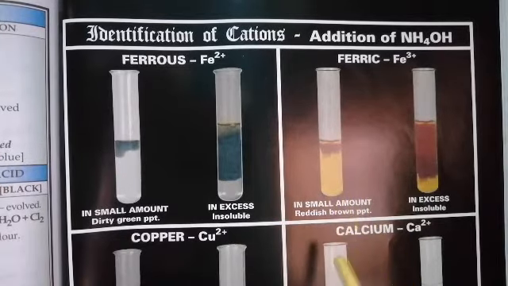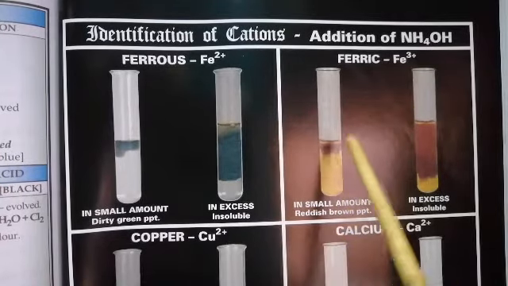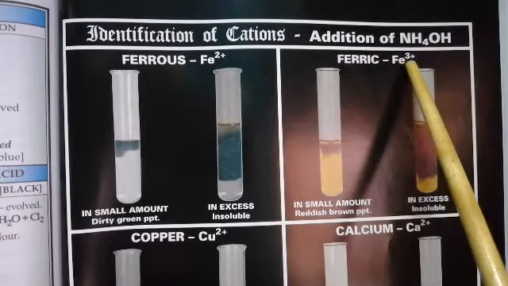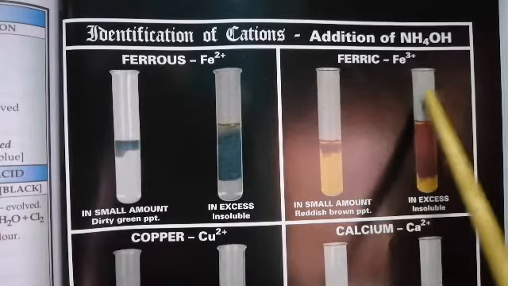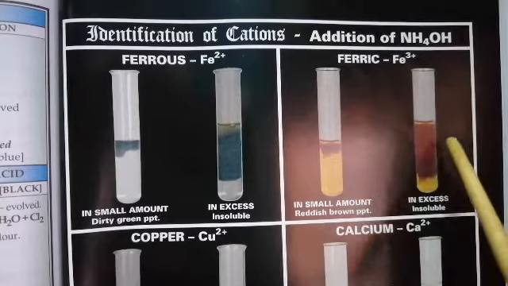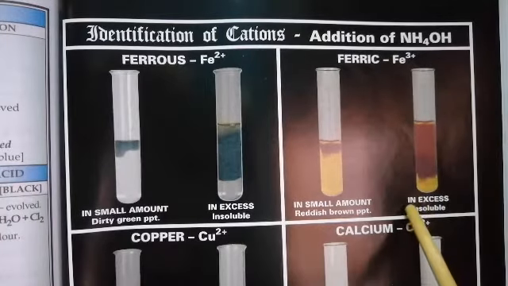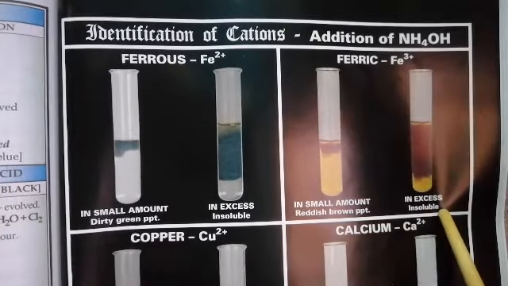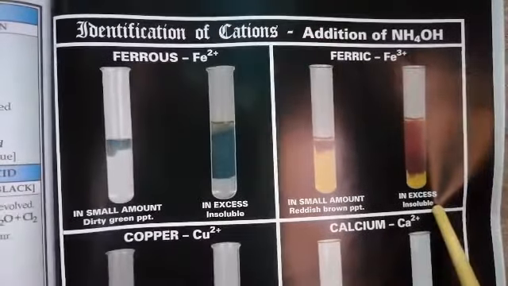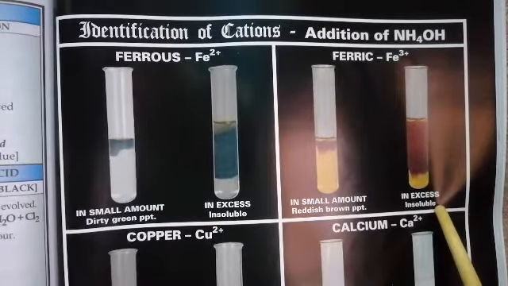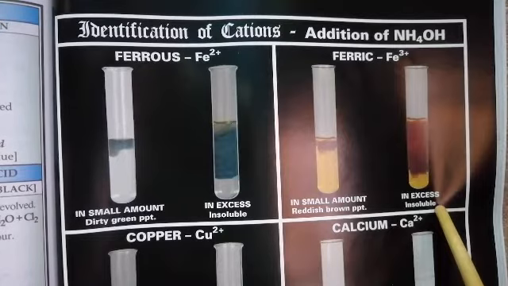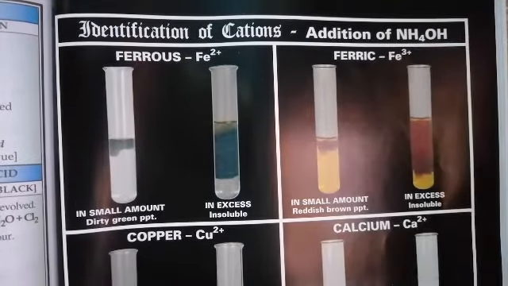Now I add excess of ammonium hydroxide. What do you observe? It does not dissolve, so it is insoluble. Are you with me? When you actually conduct the experiment, you'll see the true color and it will remain in your mind forever.